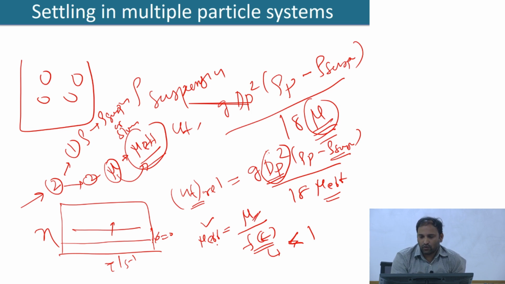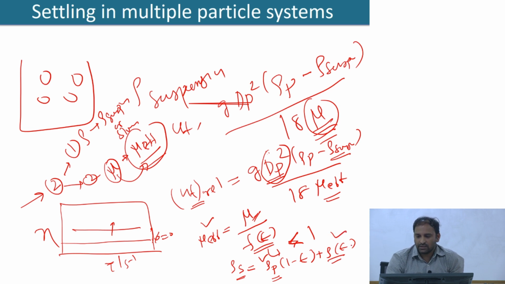And your rho, the rho of suspension, I can write as rho of the particle into 1 minus epsilon, plus rho of the fluid into epsilon. Again with a similar formalism, the density of the dispersion is basically some kind of average of the contribution that comes from the particle and the contribution that comes from the fluid.